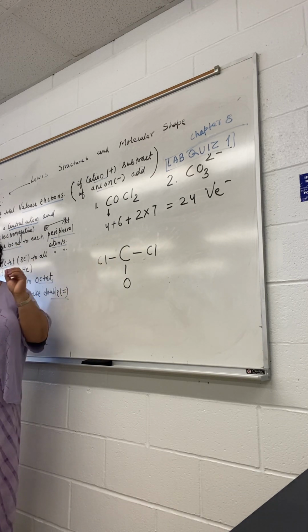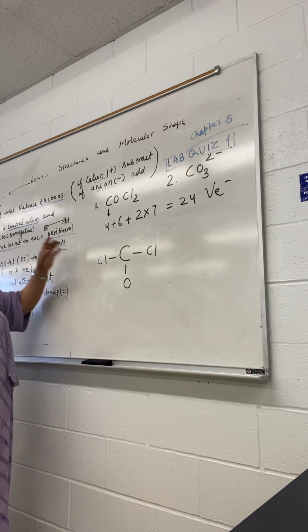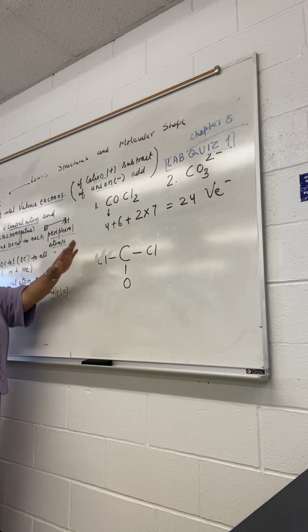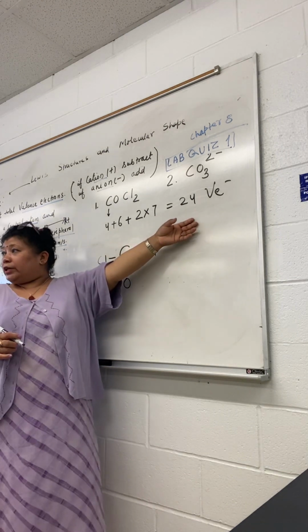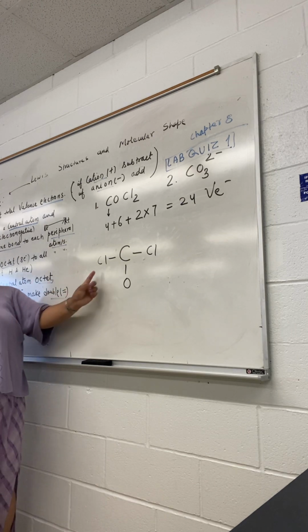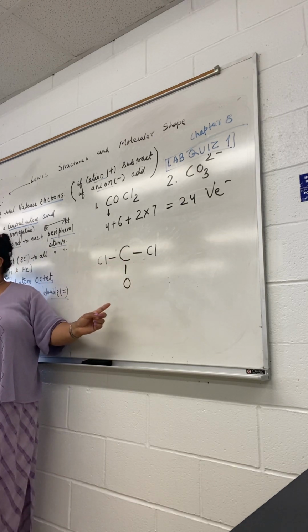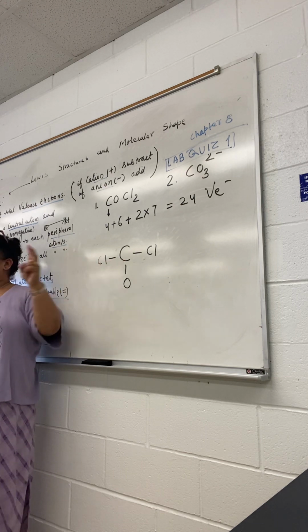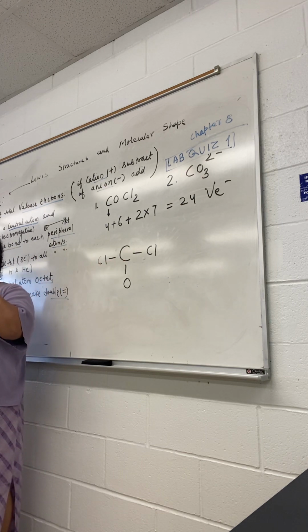Also keep track of your electrons. I'm just done up to number 2. First, we counted total valence electrons, which we found to be 24. And second, we selected a central atom and gave one bond to each peripheral atom. Keep track of your electrons. Each bond is equivalent to how many electrons? 2, right?